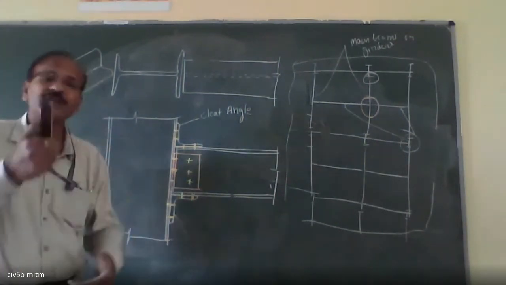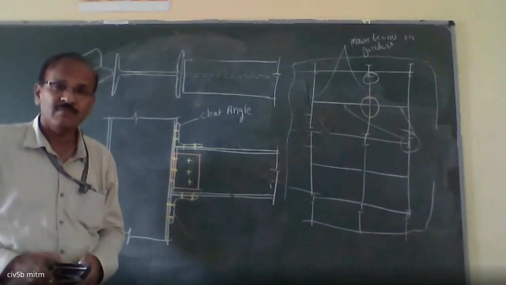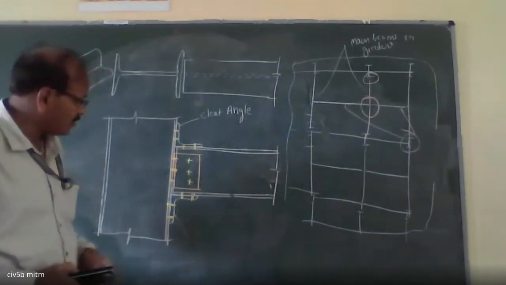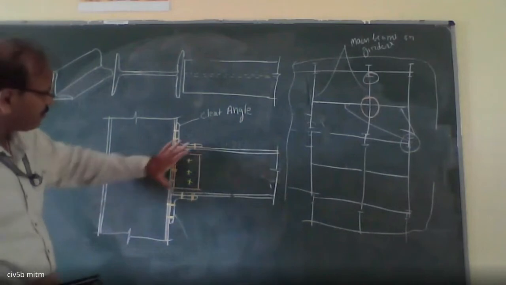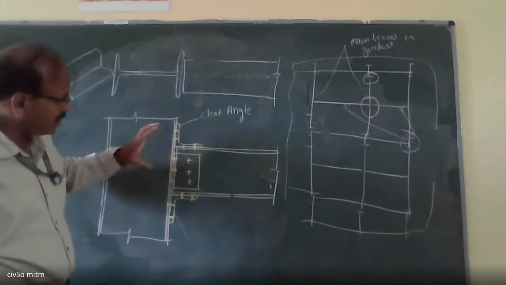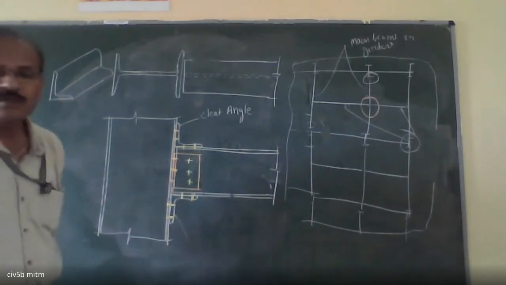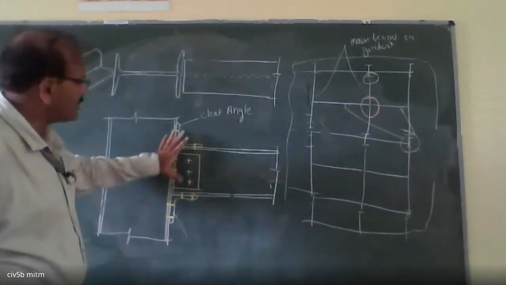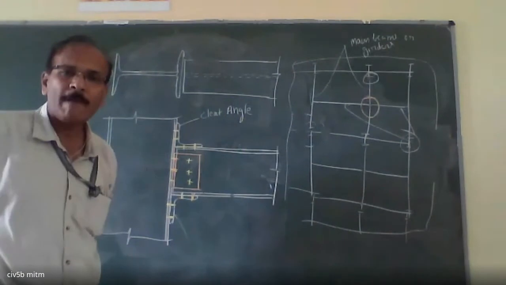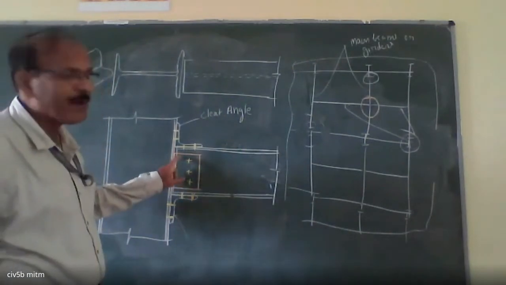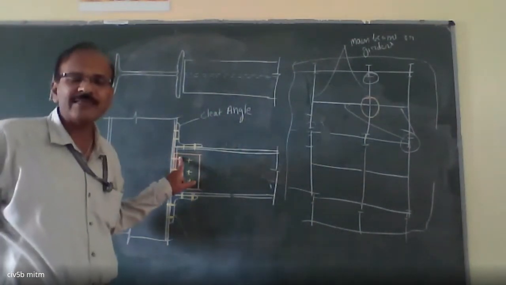Again, you need to design everything. Okay. So and also to keep the beam in equilibrium and also in certain position, we can provide these two angles. So this angle is called cleat angle, and this angle is called web cleat or web cleat angle.